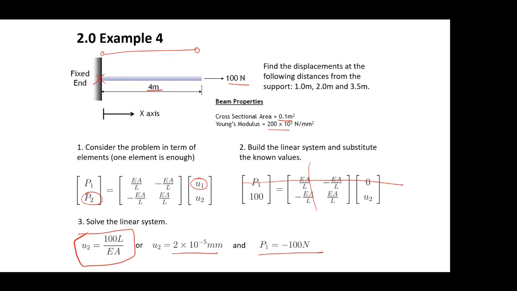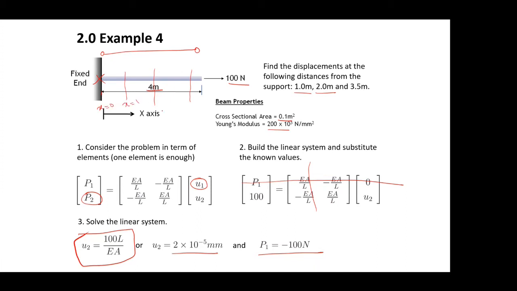So I'm going now to use the shape functions. We are interested in finding the displacement at 1 meter from the support, which is roughly here, at 2 meters from the support, which is pretty much the mid length, and at 3.5 meters from the support, which is around here. If you want to put it in terms of coordinates, you can assume that X starts here, and this is X equal to 0.